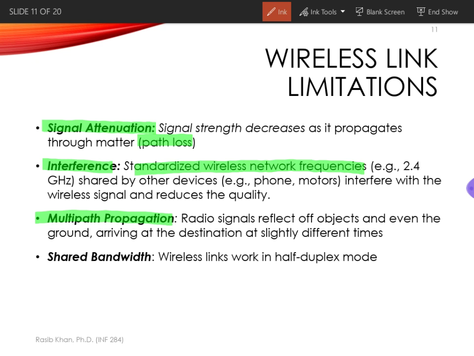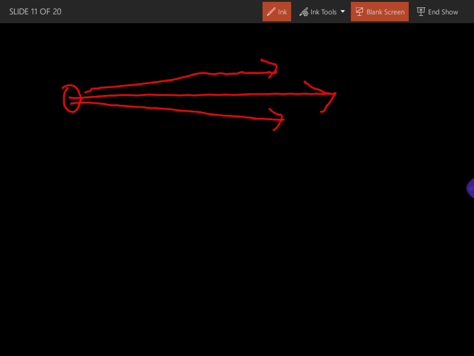The next limitation is multipath propagation, and this means that a wireless signal is a form of wave, and it propagates in multiple directions as it travels. For example, if we have a point source of light, the light travels mostly in one direction, but there are losses in some other directions, right?